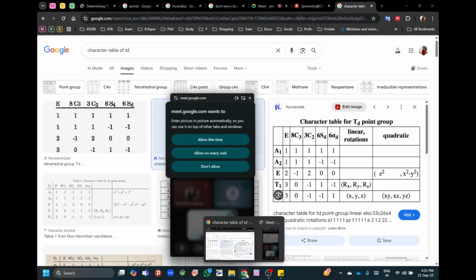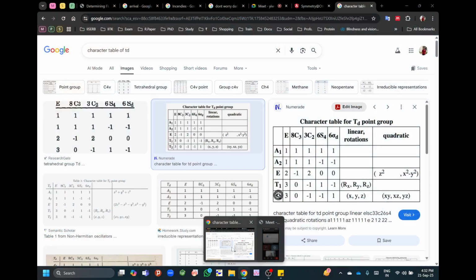Okay, so we need the character table. This is C4B. I don't have the character table of tetrahedral. C4B.